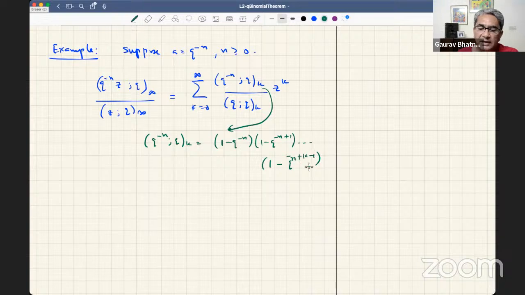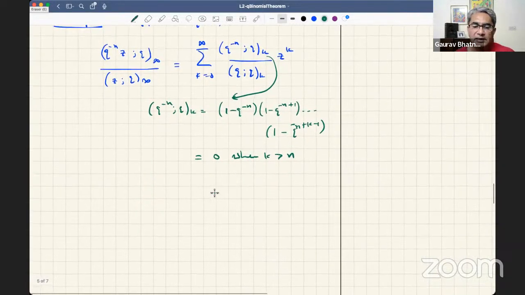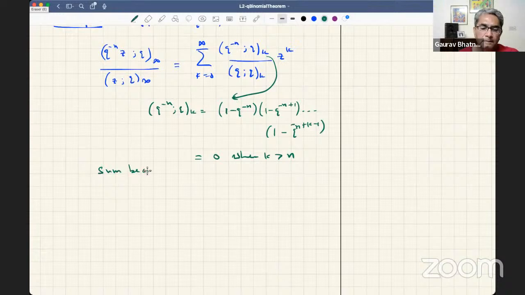So this becomes 0 when K is bigger than N. The sum becomes finite: a terminating sum.